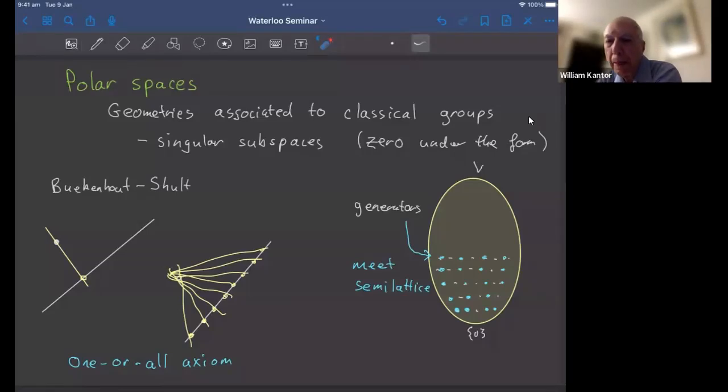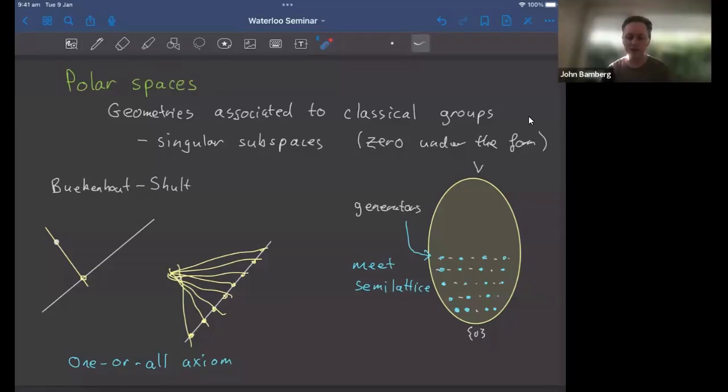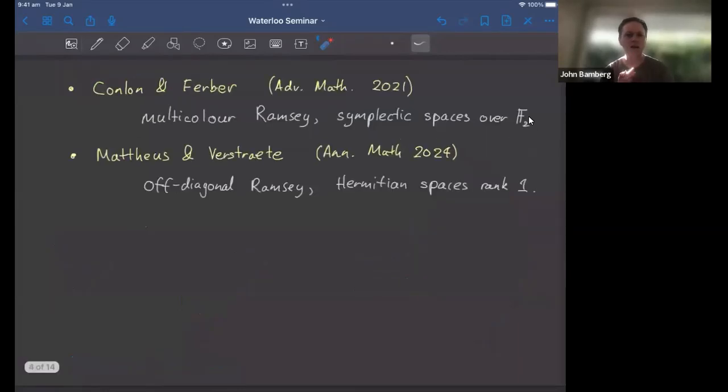Now, some recent uses of where polar spaces have cropped up in extremal combinatorics. Conlon and Ferber, they didn't explicitly say this, but their construction of graphs which achieve a better lower bound on multicolor Ramsey numbers is essentially using symplectic spaces over the field of order 2. And then Mattheus and Verstraëte's recent result is using Hermitian spaces of rank 1.